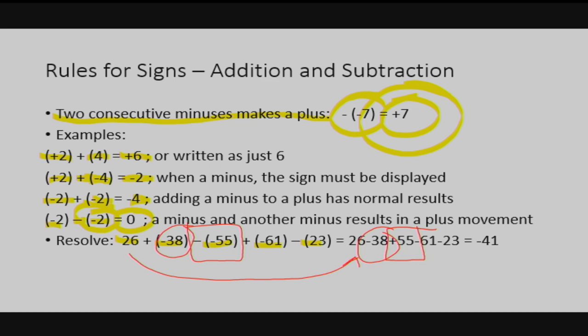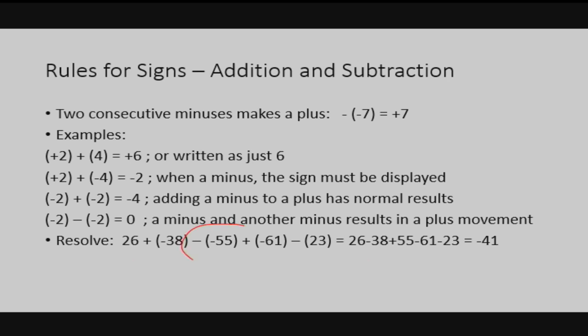Okay, when I clear this up, now let's look at this one, minus 50. Now remember, a minus and a minus makes a plus, so there you will see it is transposed as plus 50. And now for the last one, a plus and a minus must make a minus, so it's minus 61. And finally, it is just a minus 23.